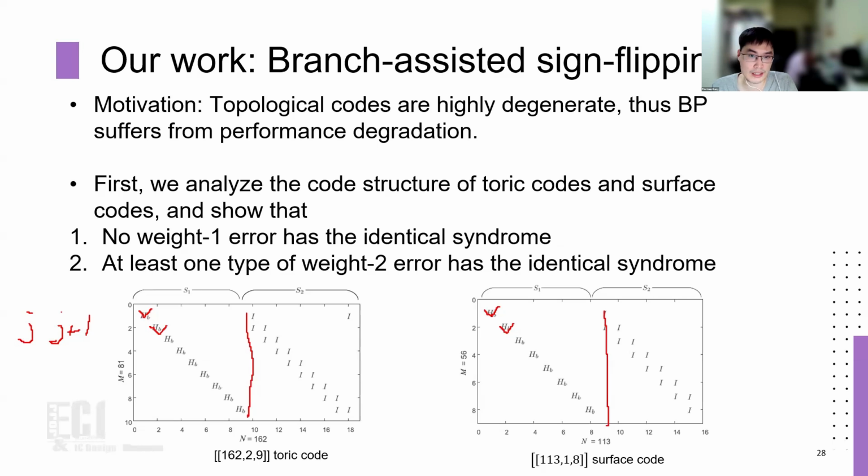So the BP cannot distinguish them. For larger weights, because larger weights can be obtained by combining a weight-1 error pattern and a weight-2 error pattern, we omit the analysis.